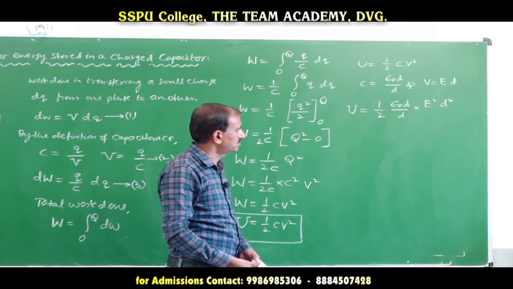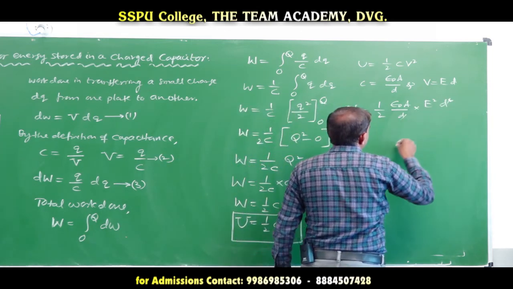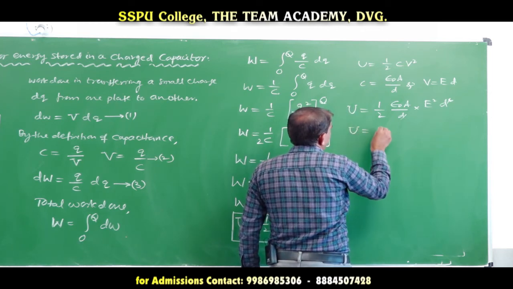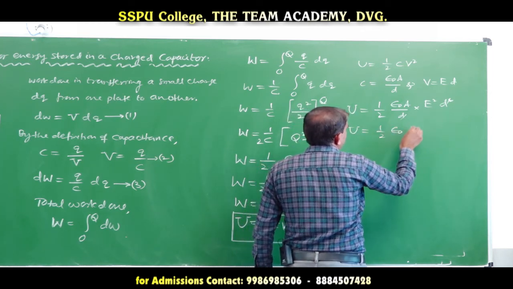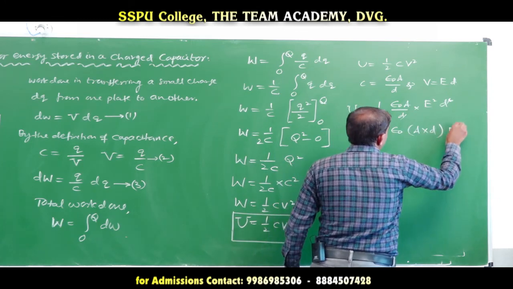One D gets cancelled. So U is equal to half into epsilon naught into A into D into E square.